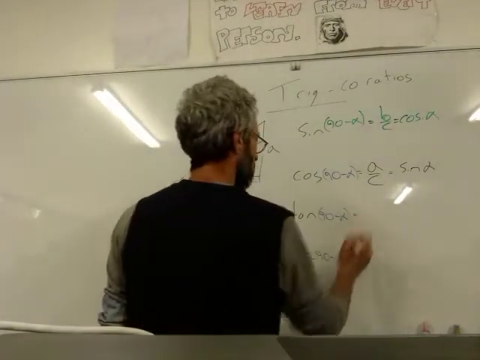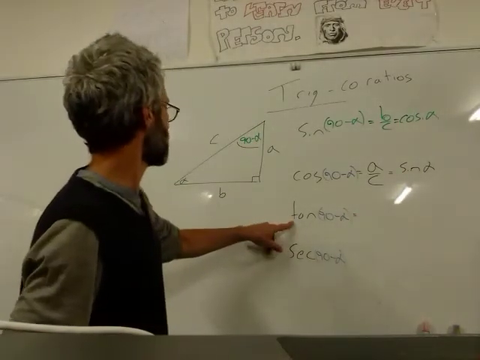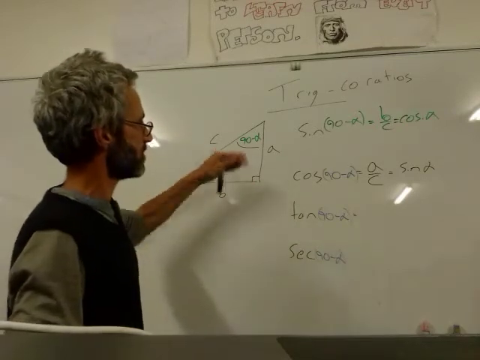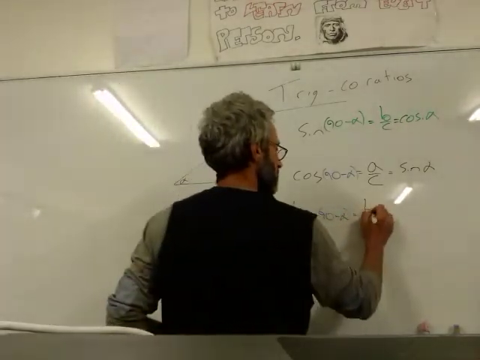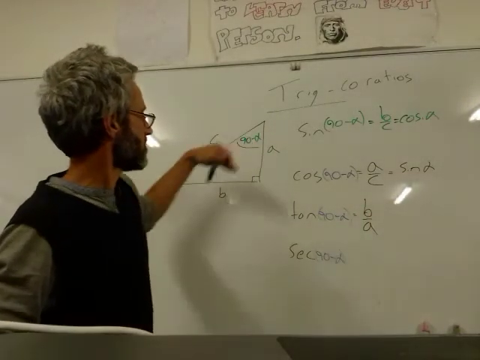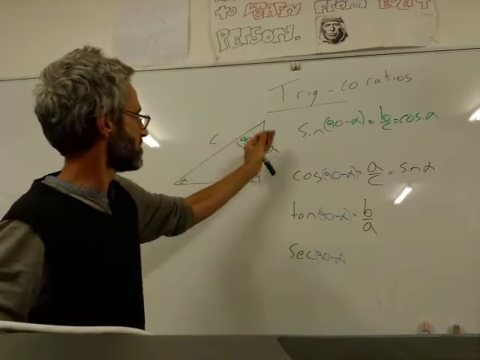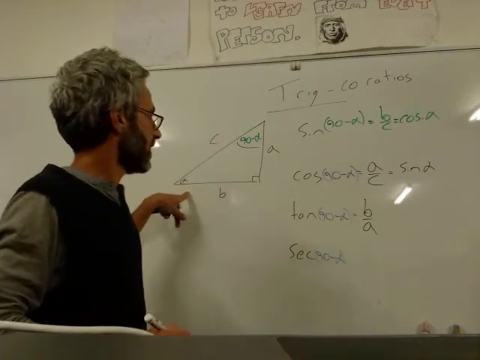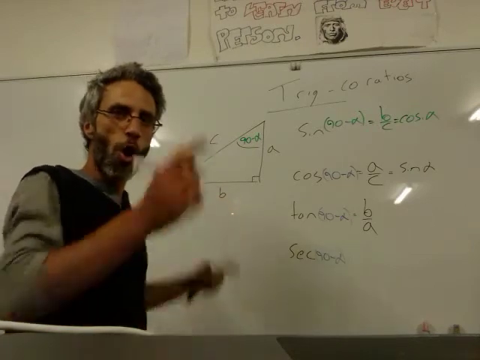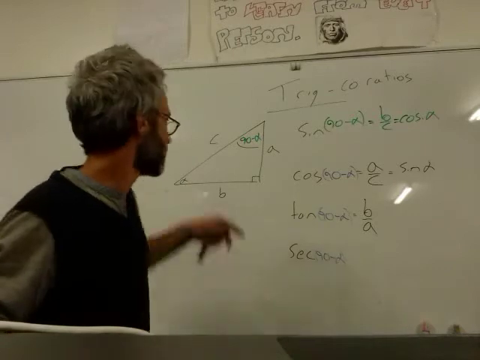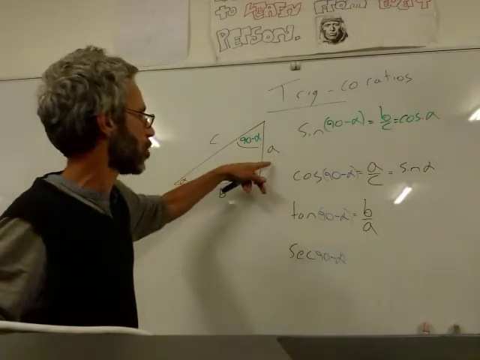By now, you're probably not going to be surprised. If I'm looking at tan 90 minus alpha, it's going to be the opposite divided by the adjacent. It's B over A. Okay? But what is B over A in relationship to this reference angle alpha? It's the adjacent to alpha over the opposite.